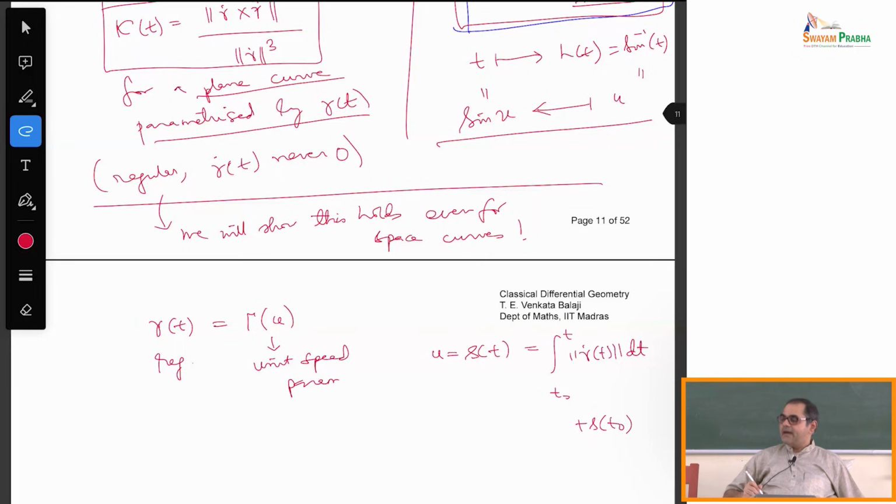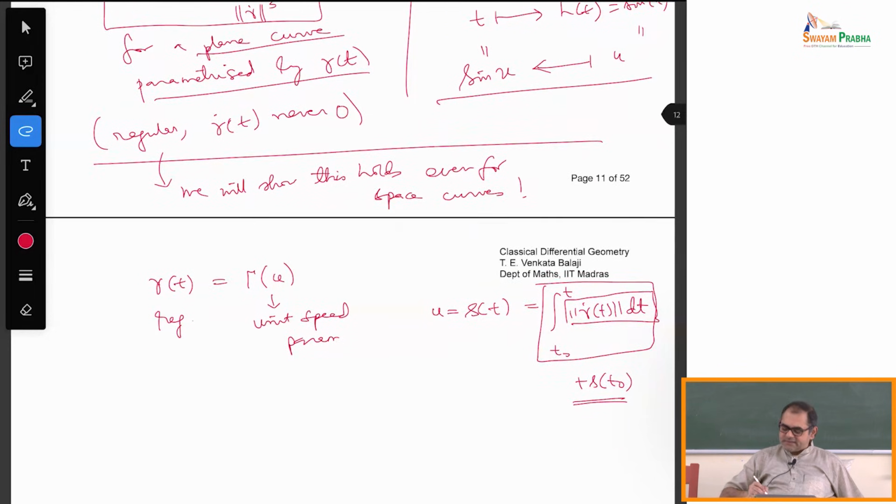Okay, because this fellow here is the integral of ds. This thing inside is ds, and the integral of that will be s between the upper and lower limit. So you will get s of t minus s of t naught, and therefore you see I have to add this s of t naught here. So the moral of the story is that u can be this, and you can also take u to be minus of that, or u is equal to minus s of t.